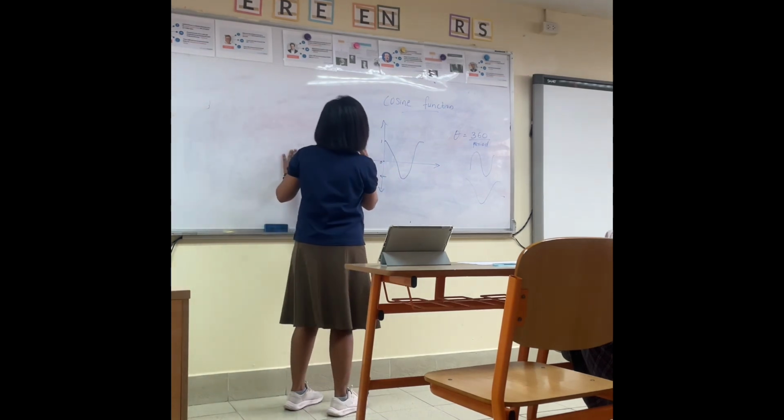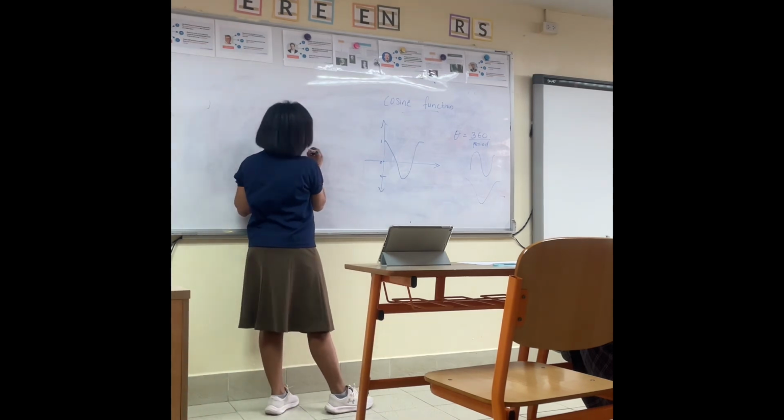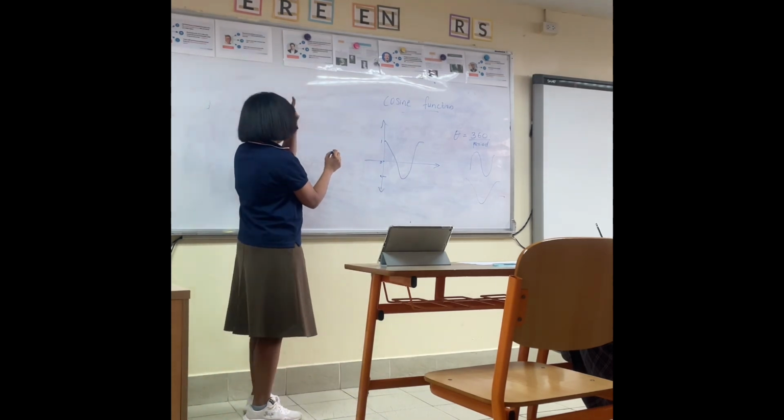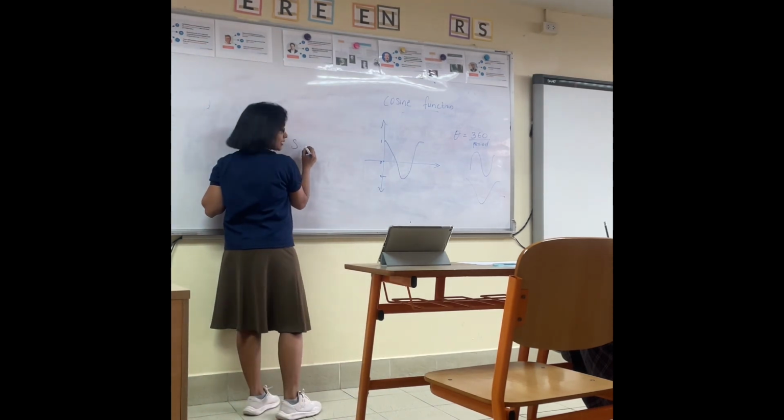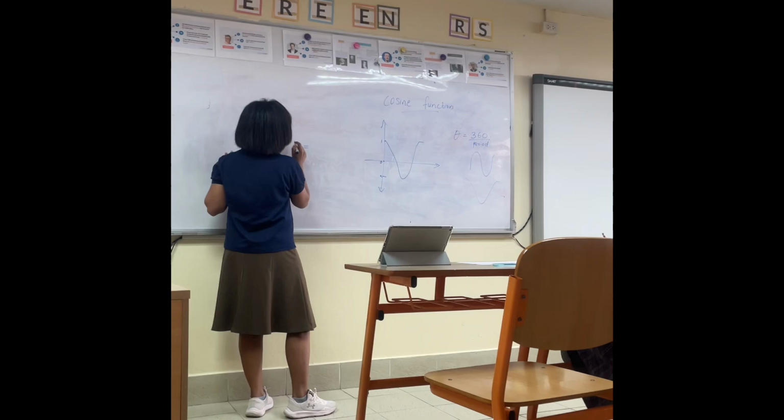The representation of the graph: instead of D, I use S. Okay, anything. If you want D, I can use that one. D is very common, we can use that.